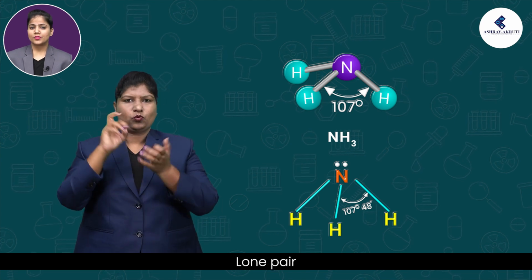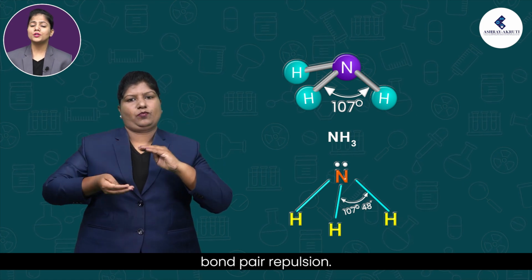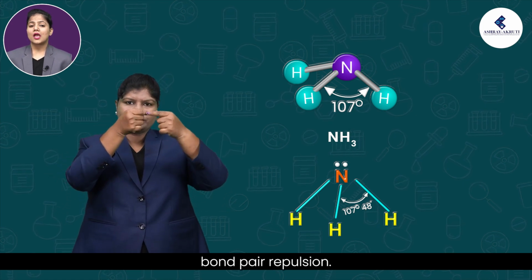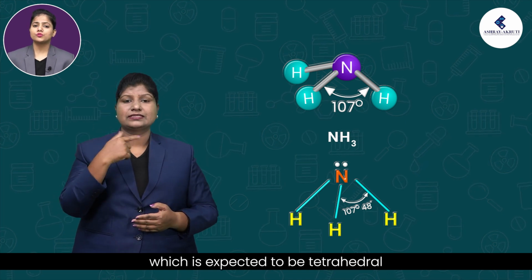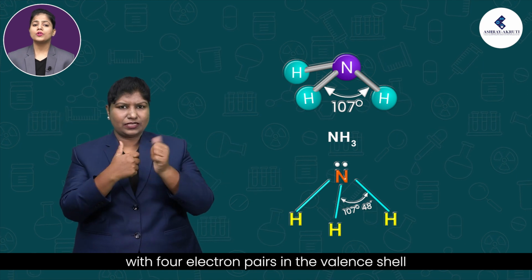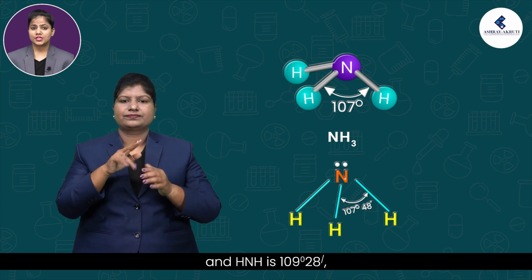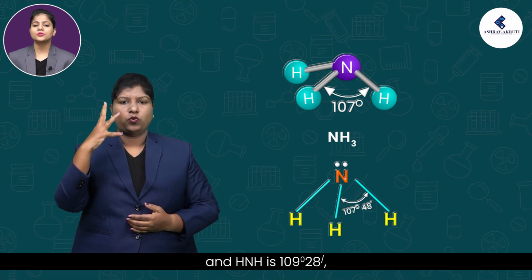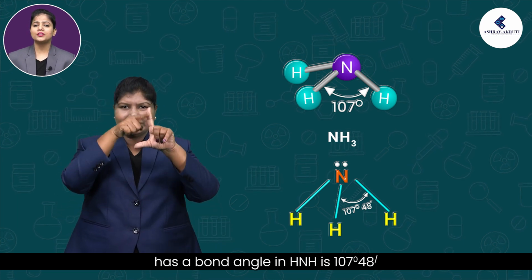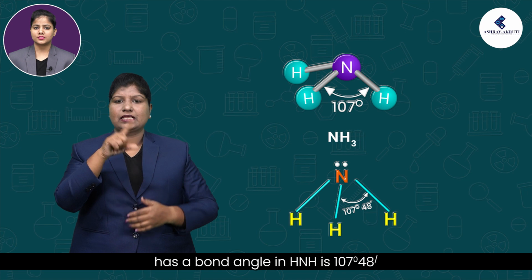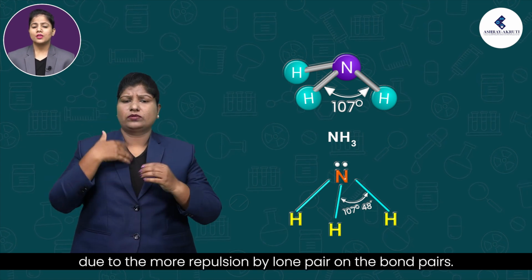Lone pair-bond pair repulsion is greater than bond pair-bond pair repulsion. Therefore, NH3, which is expected to be tetrahedral with 4 electron pairs in the valence shell and an HNH angle of 109 degrees 28 minutes, has a bond angle HNH of 107 degrees 48 minutes due to the more repulsion by the lone pair on the bond pairs.